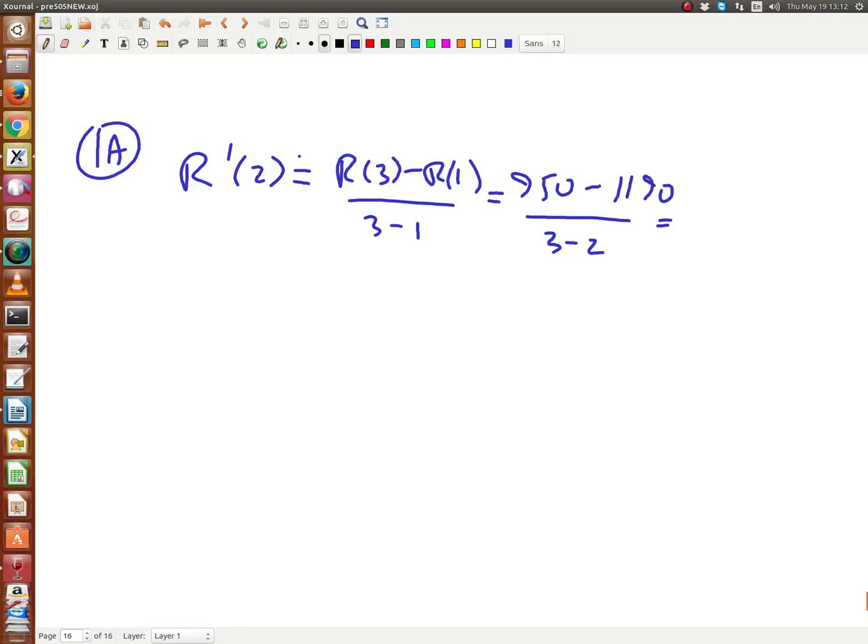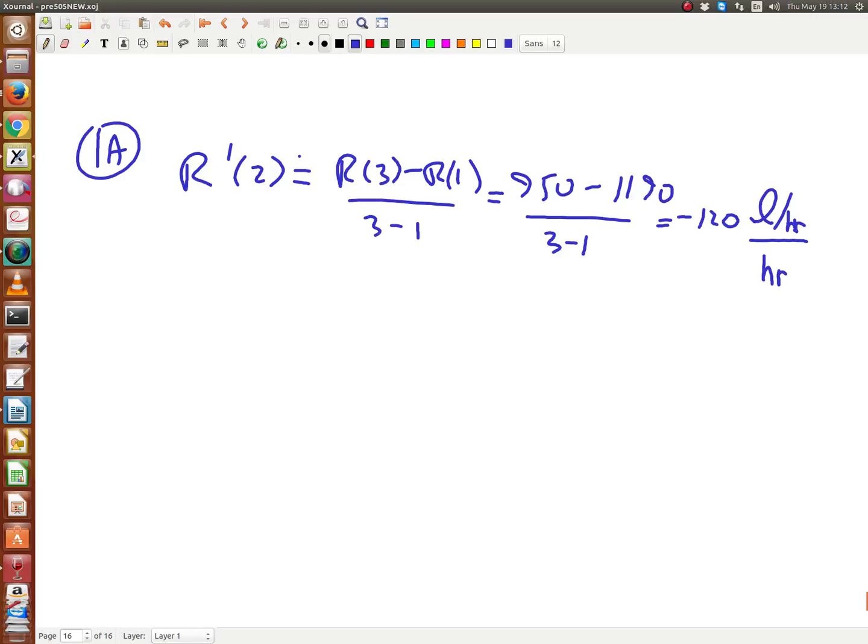So you got negative 240 over 2, which is negative 120. Now remember that R is given in liters per hour, and so the delta R's are in liters per hour, and the delta t's in the bottom are in hours. So this is in liters per hour per hour, or liters per hour squared, if you like. Some people say, instead of meters per second for acceleration, meters per second squared.